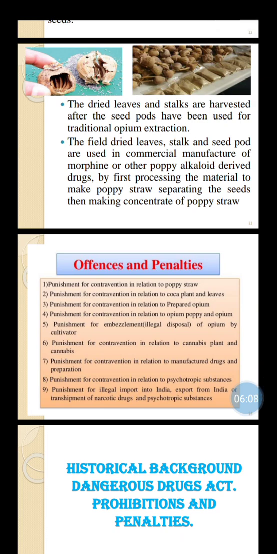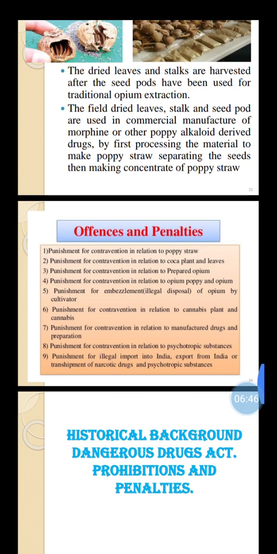Then the last point, offenses and penalties. First, punishment for contravention in relation to poppy straw. Then punishment for contravention in relation to coca plant and leaves. Punishment for contravention in relation to preparation of opium. Then punishment for contravention in relation to the opium poppy and opium. Punishment for embezzlement, illegal disposal of opium by cultivators.